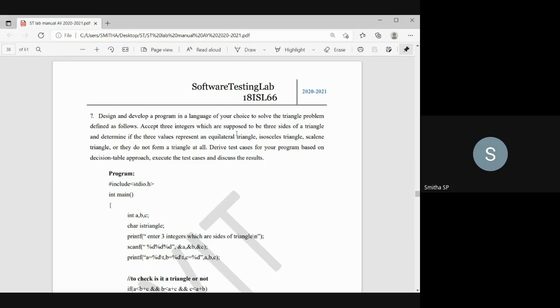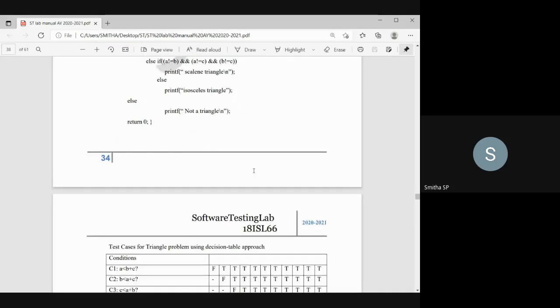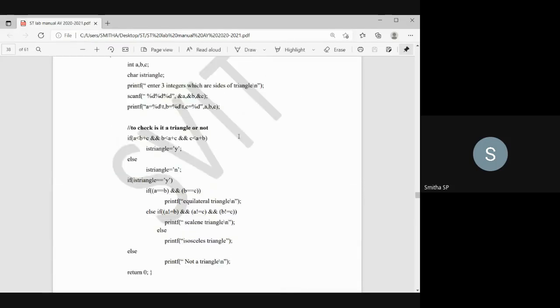In order to identify which type of triangle it is, first you have to check whether it forms a triangle or not. For that sake, a condition needs to be satisfied, that is a is less than b plus c and b is less than a plus c and c is less than a plus b. In the sense, each side of a triangle should be less than the sum of the other two sides.